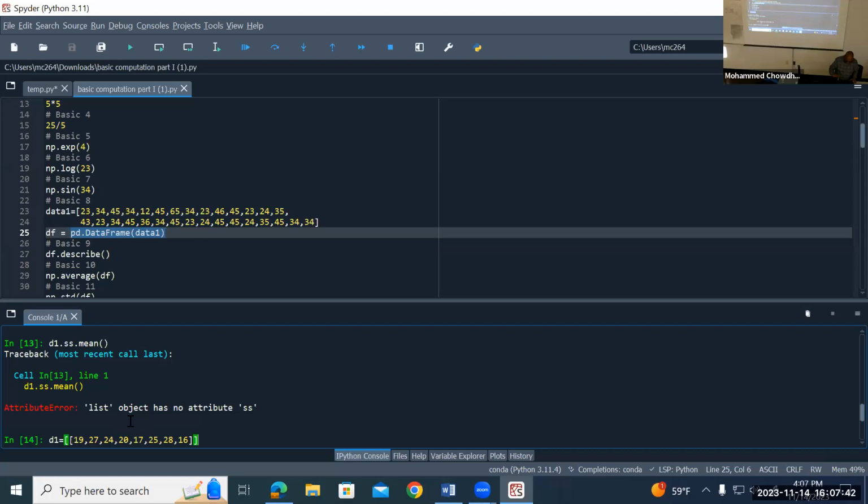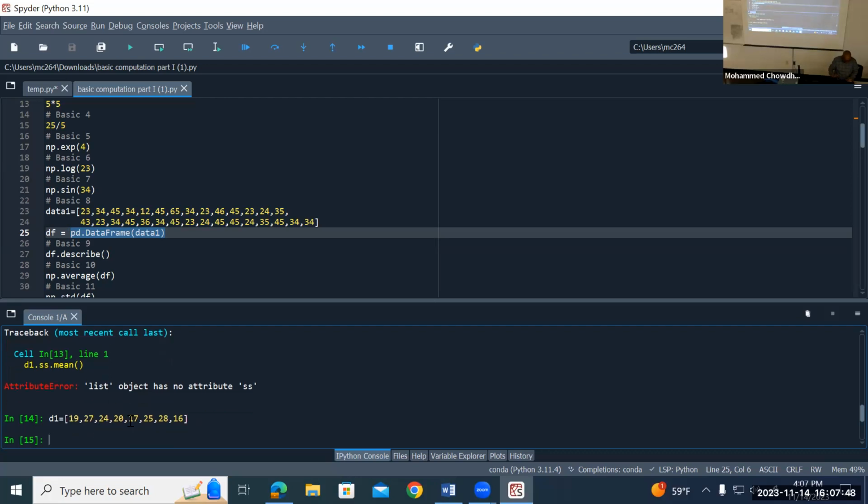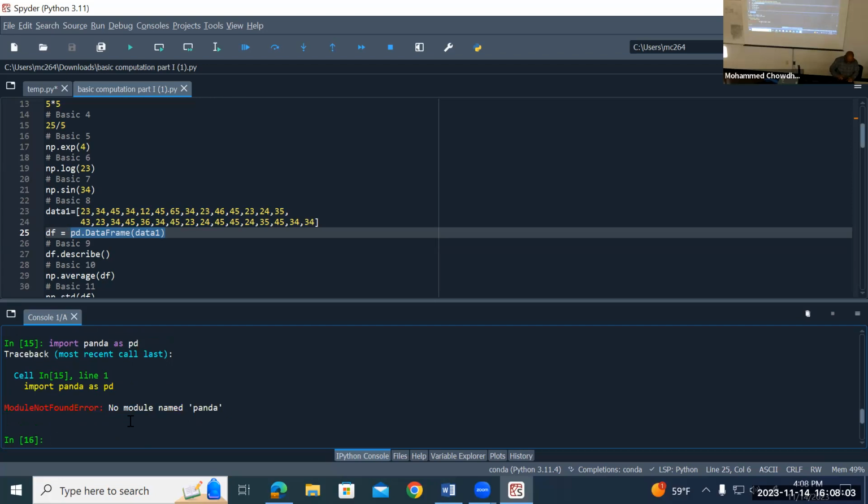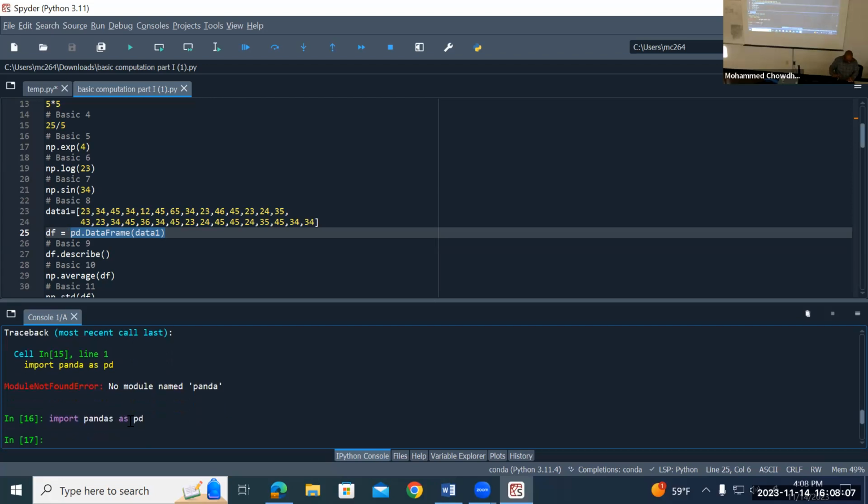Let me bring the data again. And then I just want to put here df dot... I have to import pandas as pd.